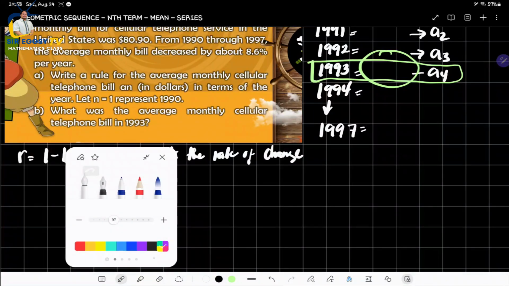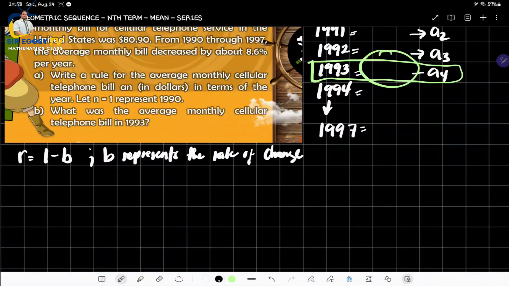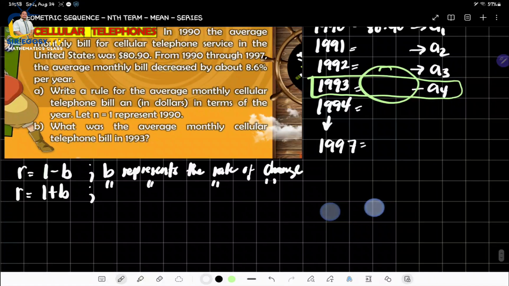So, we will use this when it is decreasing in nature. But if it is increasing, then we will be using r is equal to 1 plus b, wherein b represents the rate of change. Since, as we all know, this problem is decreasing in nature because of the word decrease, then we're going to use the common ratio as 1 minus b.